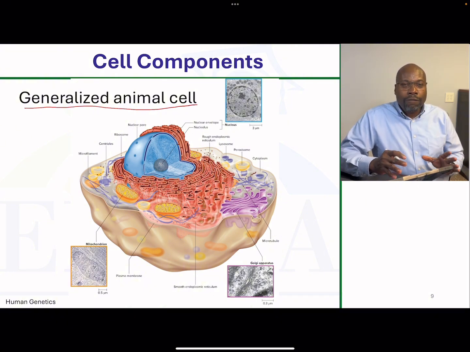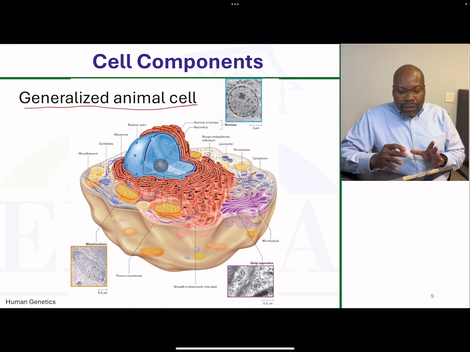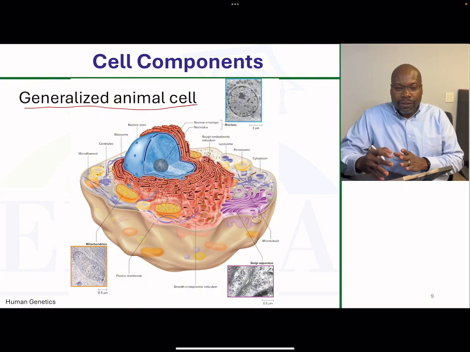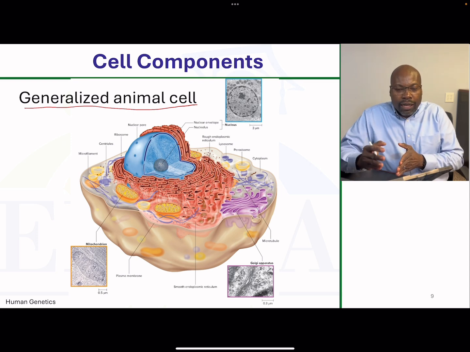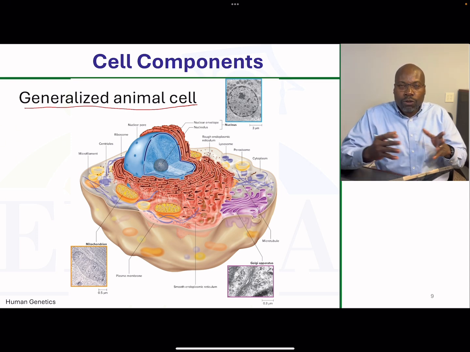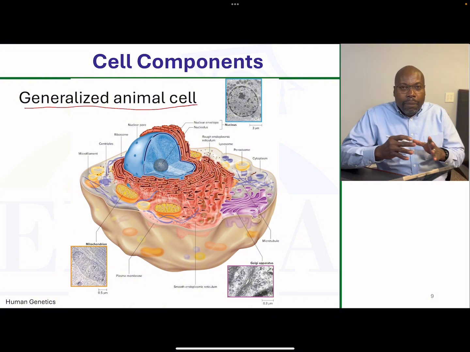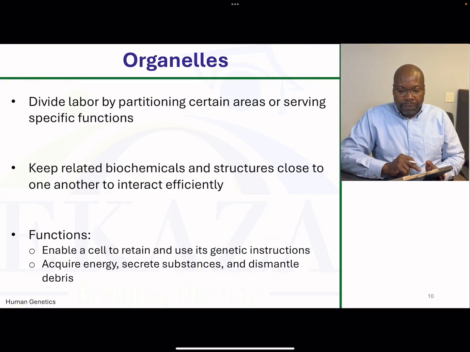That network of flattened sacs exists because there is a relationship between the different organelles. Some reactions start in one organelle, then they're going to move to the next organelle, and then to the next organelle until the process is completed. But I'm going to spare you some details here.